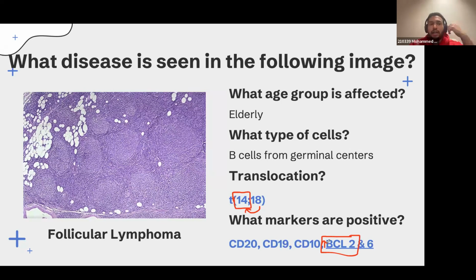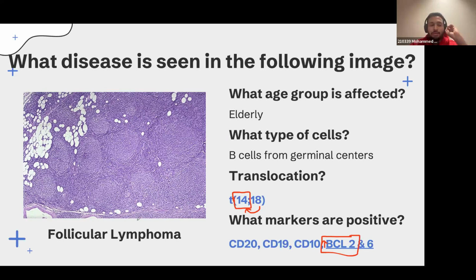Why? As I said, it's somatic hypermutation. If the B cells cannot produce antibodies that bind to the antigen, they die. So with BCL2 overexpressed, it will never die.